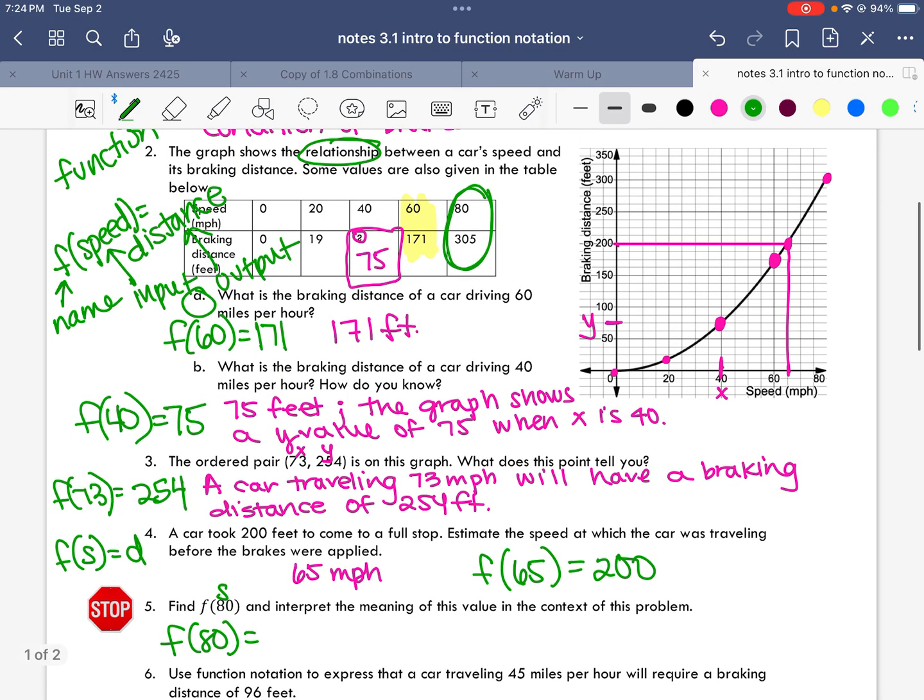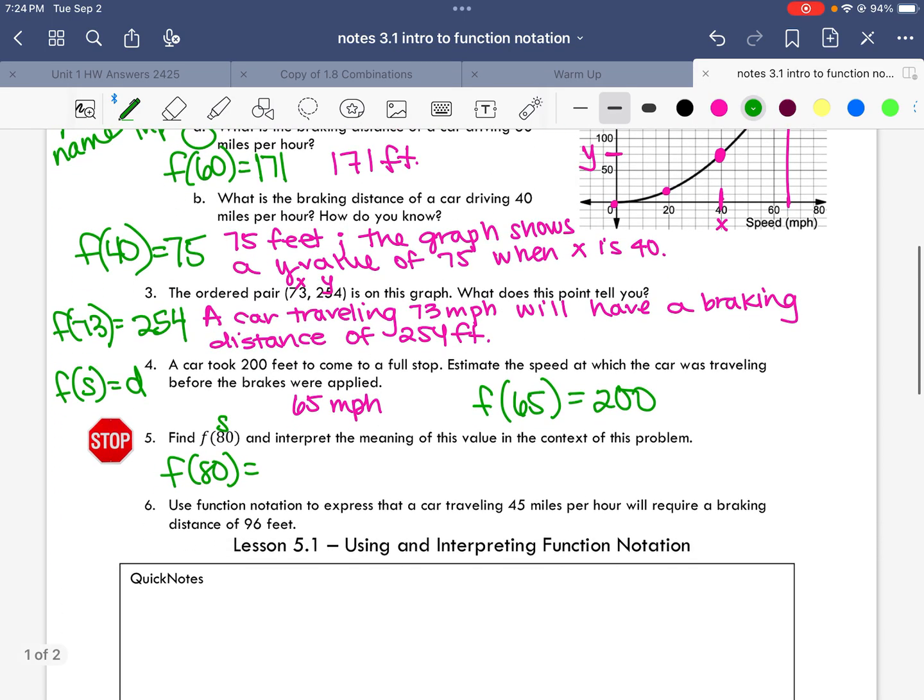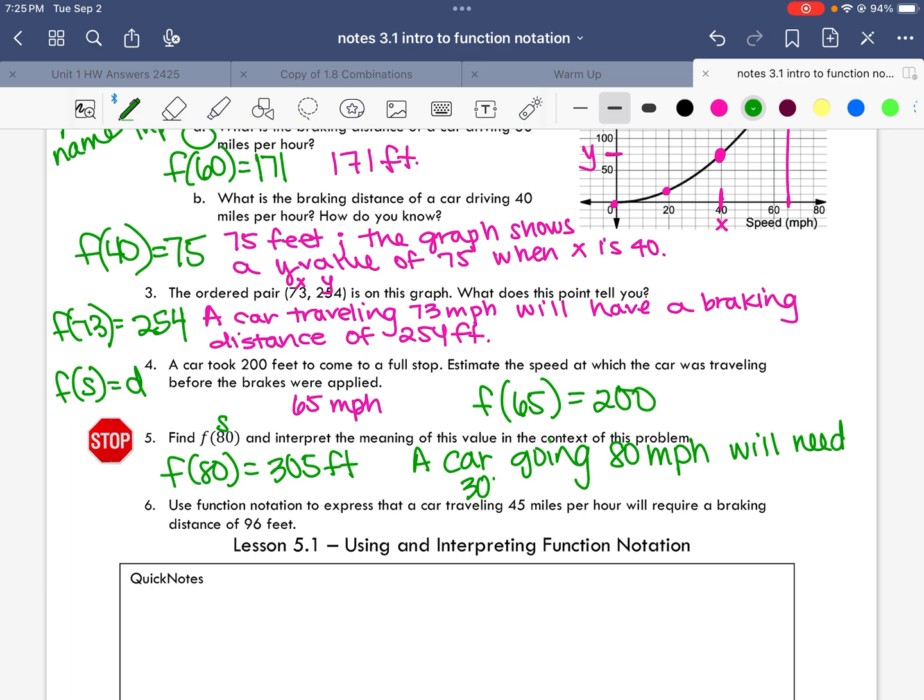At 80 miles per hour, it's 305 feet. So if I'm asked to interpret the meaning, a car going 80 miles per hour will need 305 feet to stop or to brake.